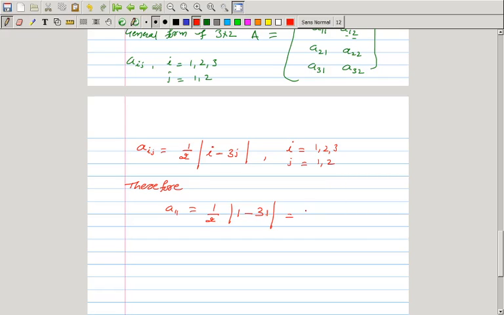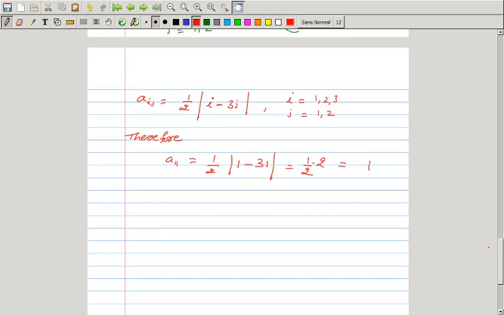So this will be half, 1 minus 3 is minus 2 and the modulus of that is 2. So this will give us 1. Let us calculate the value of A12. Just substitute I and j in this formula, the values 1 and 2.